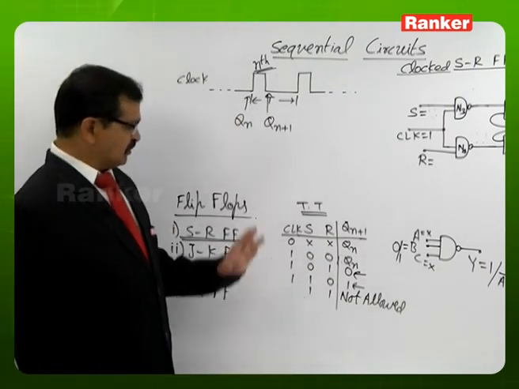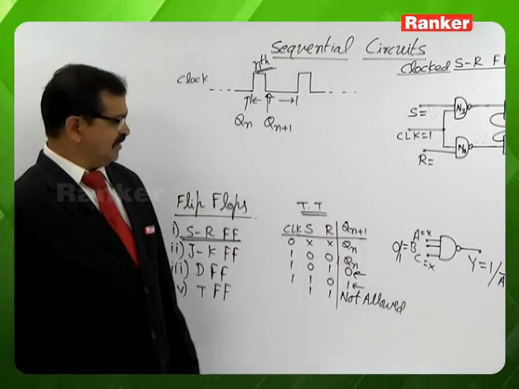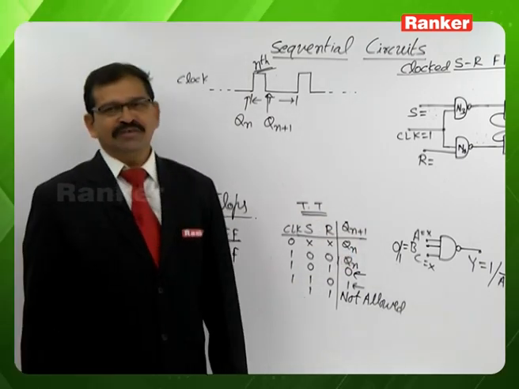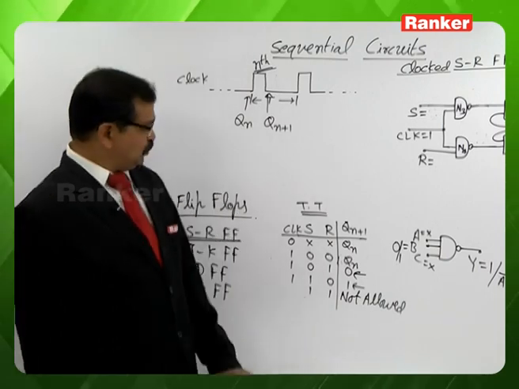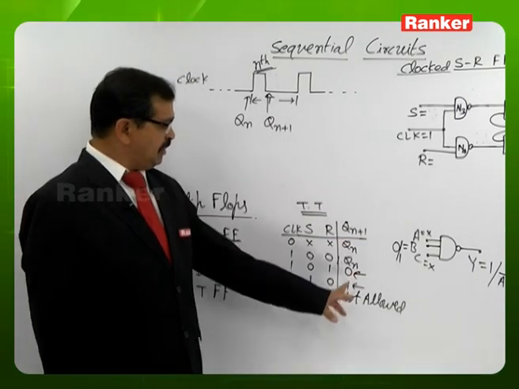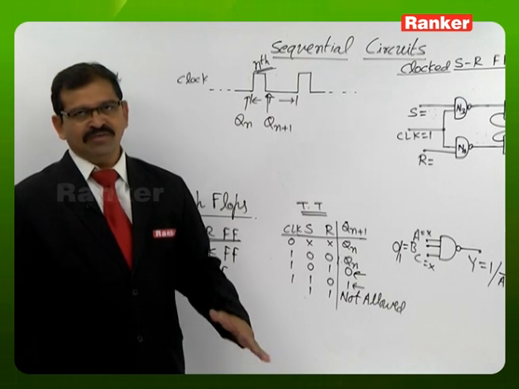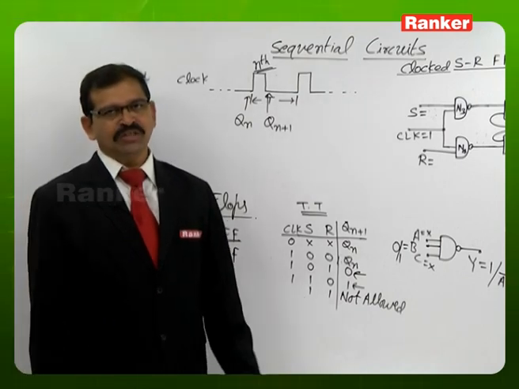Of course, in the presence of the clock signal, these inputs give the effect. But sometimes it may be required, without using such a clock signal, that we want to read the flip-flop output as 0, or as 1. So we want to set the flip-flop output without using a clock signal.